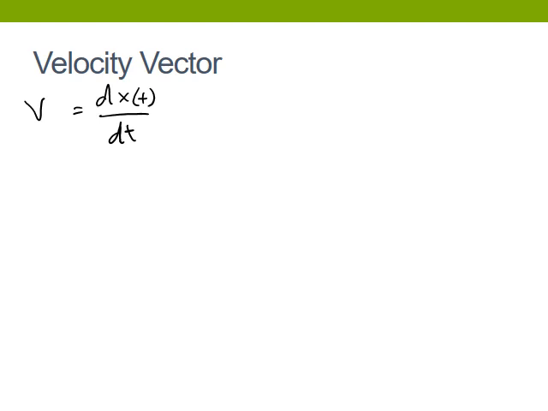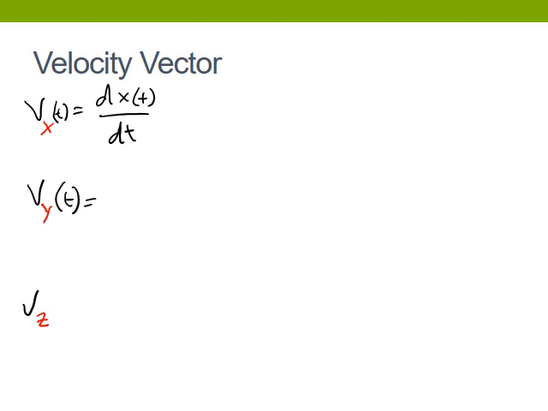And so if we want to find our velocity vector, we now need to take our derivative in each of those dimensions. So we would now have a velocity in x, a velocity in y, and a velocity in z. And each of these is a component of my velocity vector.